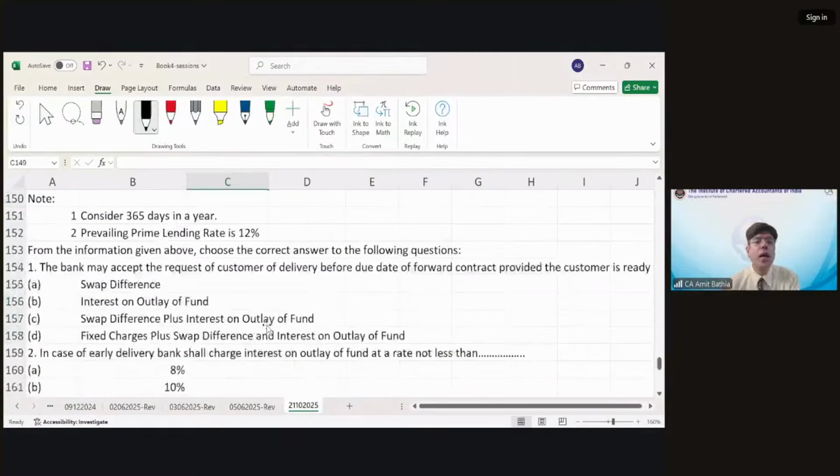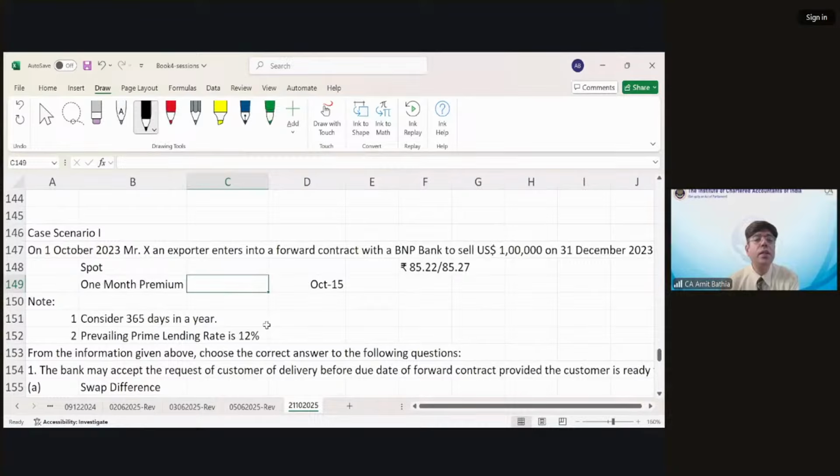I understand we all have received the file of assignment, right? Where there are a few practical questions on foreign exchange exposure and risk management. So we'll go through that, and then we will try to solve them, right?